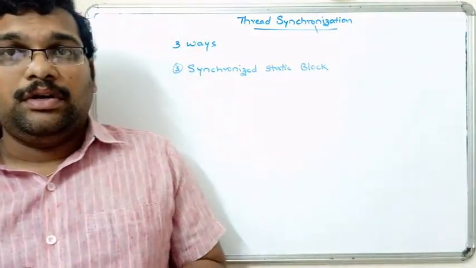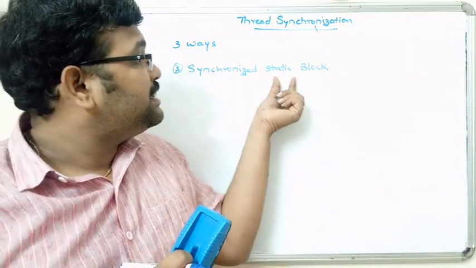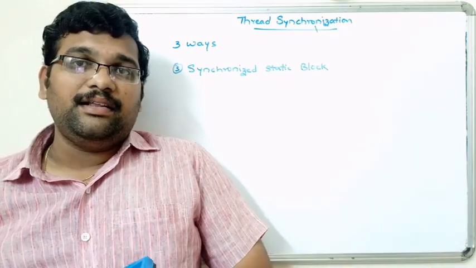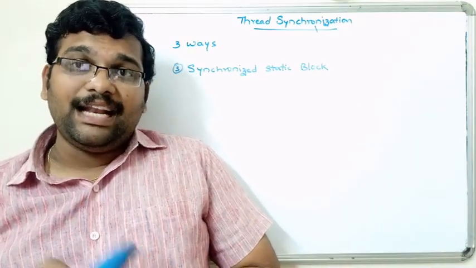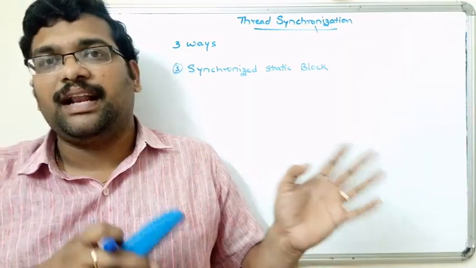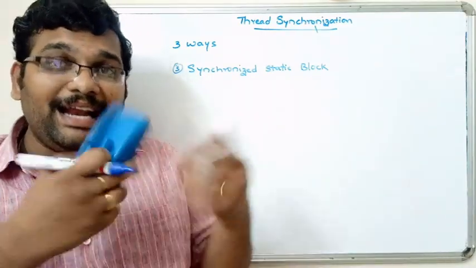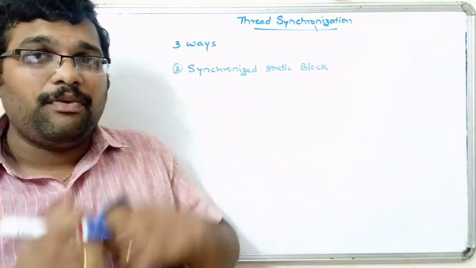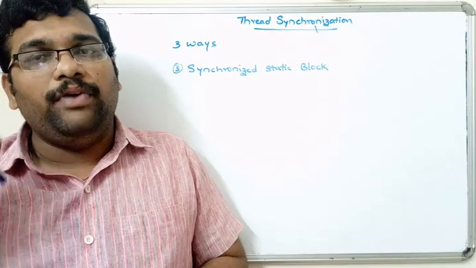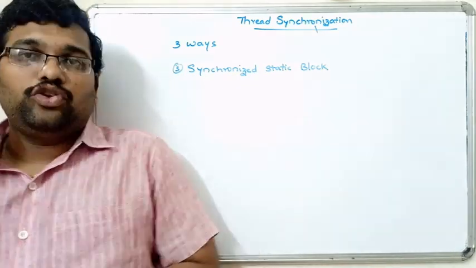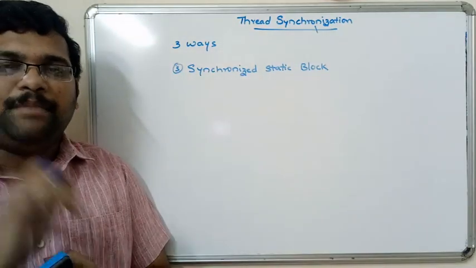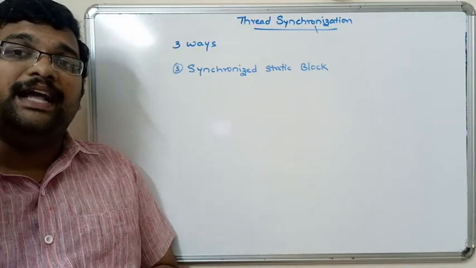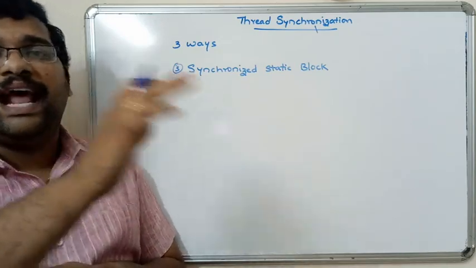If we apply the static keyword before a method, then it is a static method, and all static methods can be called by using the class name; we need not create an object for calling them. A class may consist of methods. If it is a normal method, we have to create an object for that class and call the method through that object. If it is a static method, we need not create an object; directly by using the class name we can access the method.